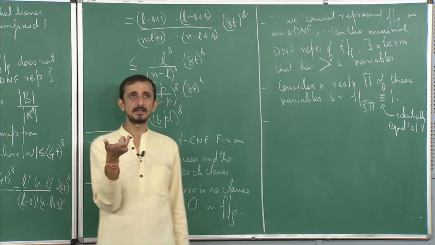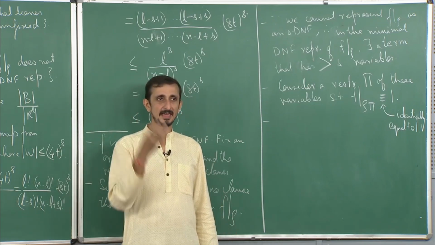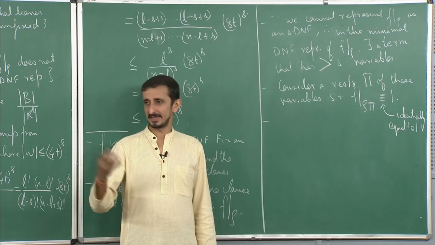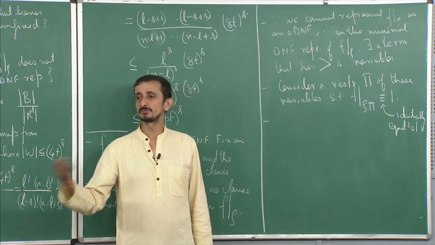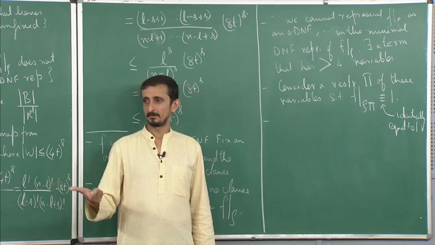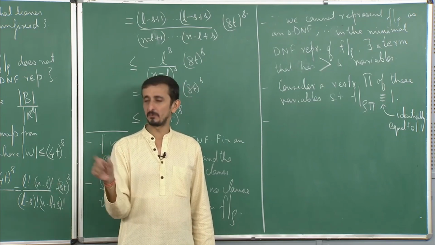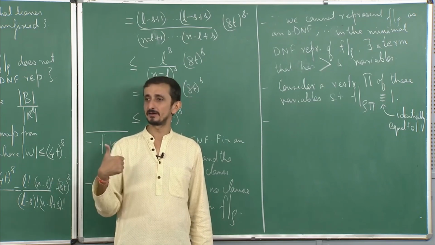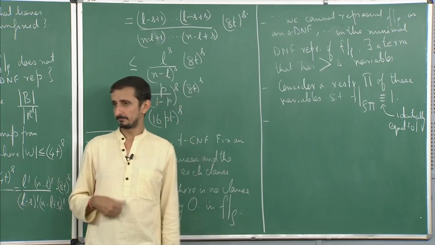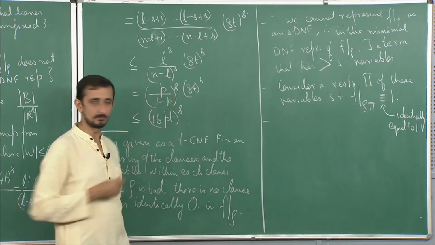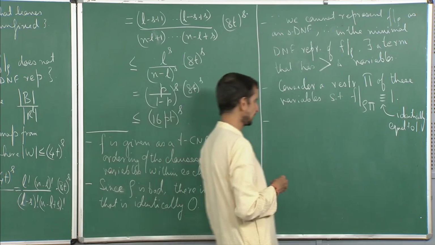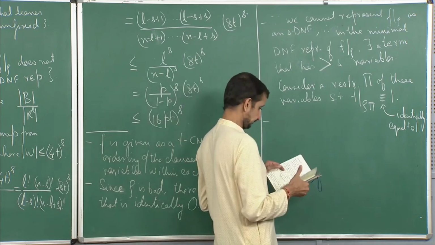Let us say that term looks like x1, x3 bar, x4, then I will set x1 to 1, x3 to 0, x4 to 1. Therefore, that term becomes 1. Now, if in a DNF representation even one term is 1, the entire function is 1. Therefore, it is identically equal to 1.